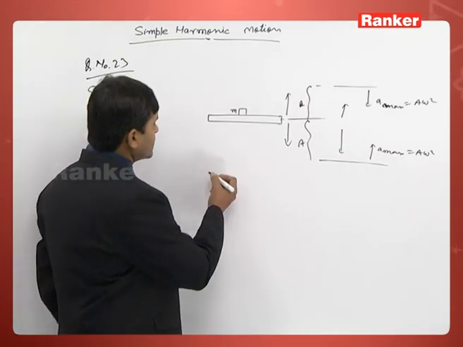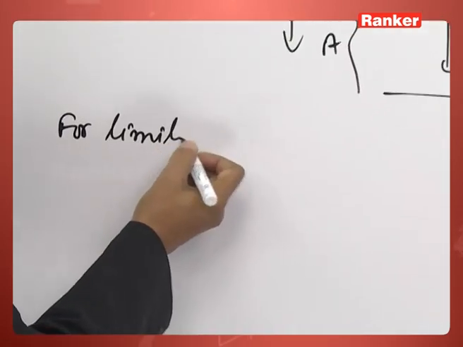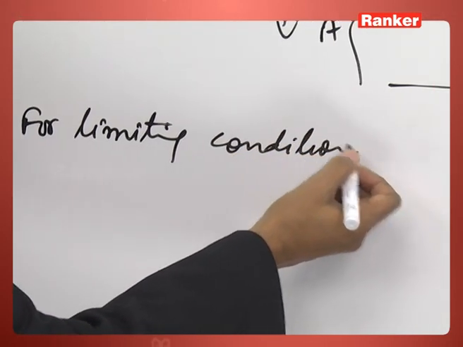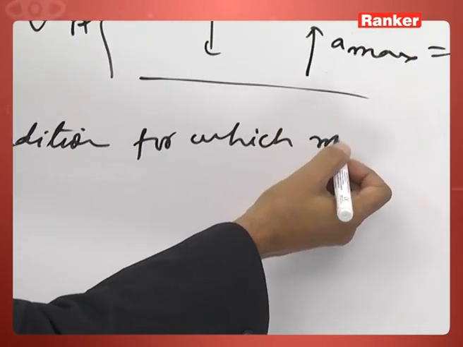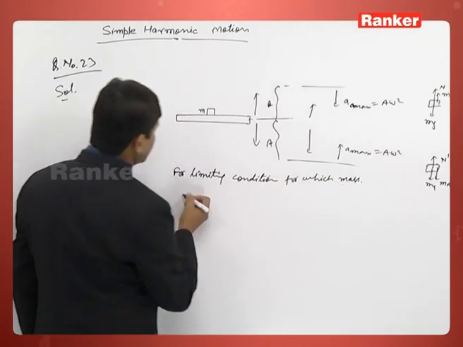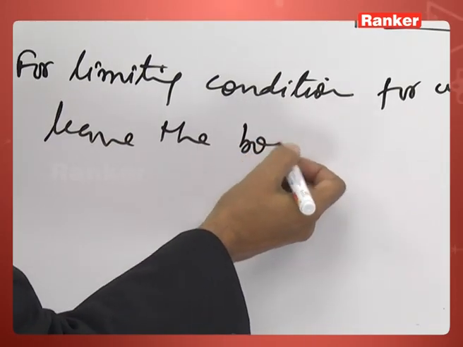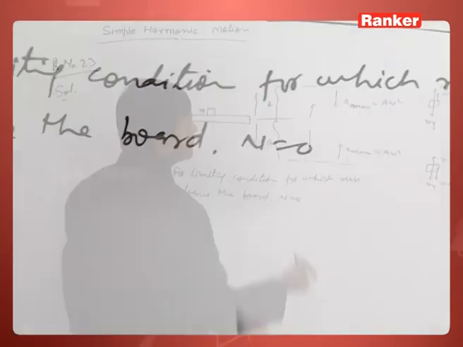For the limiting condition at which the mass leaves the board, N is equal to 0.